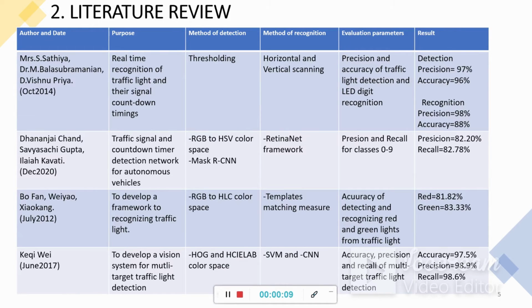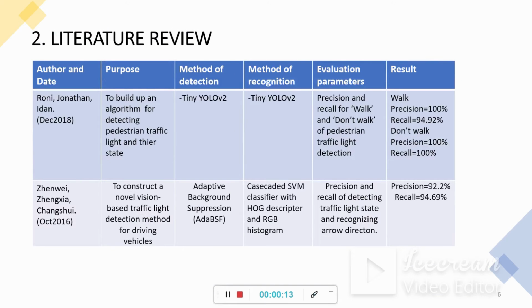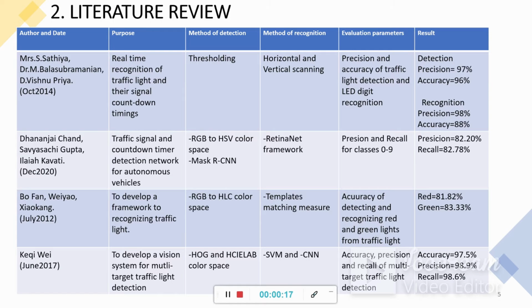Chapter 2, Literature Review. We can see that the table has summarized six papers related to the detection and recognition of traffic light. For the first paper, the purpose is to recognize traffic lights and their signal countdown timing. Method of detection: thresholding. Method of recognition: horizontal and vertical scanning. The evaluation parameters scored the evaluation and accuracy of traffic light detection and LED digit recognition.